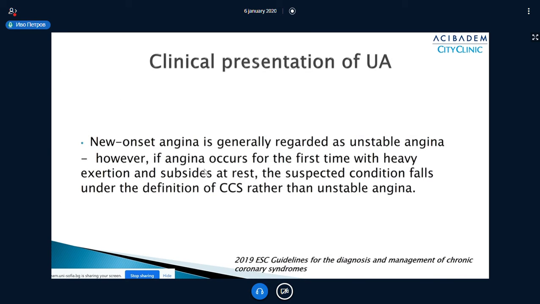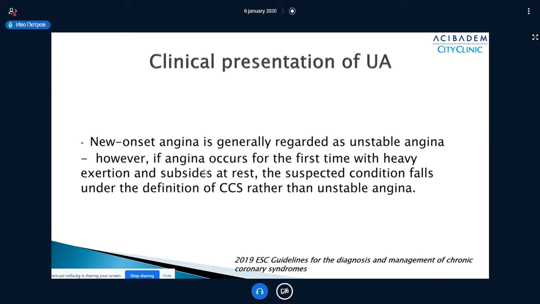What about the clinical presentation of unstable angina? I will now emphasize unstable angina. This is the form of acute coronary syndrome that is not related to myocardial injury and necrosis.